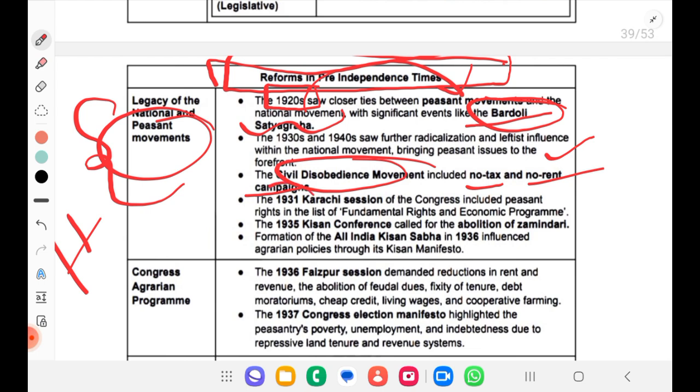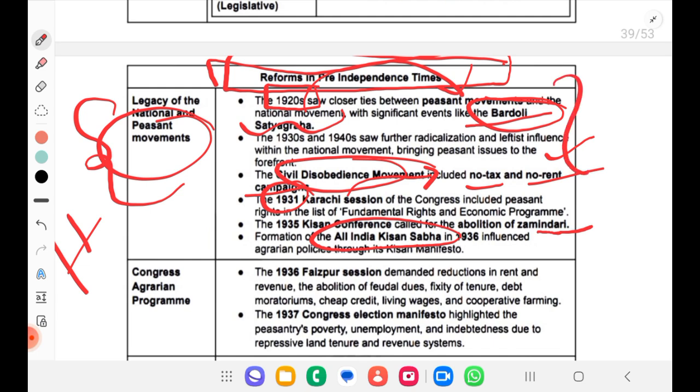So in the 1931 Karachi session, we made peasant rights one of the fundamental rights. In 1935, the Kisan Conference called for the abolition of zamindari. Which conference was that? The Kisan Conference in 1935. Later, the formation of the All India Kisan Sabha in 1936 influenced agrarian policies through the Kisan Manifesto.